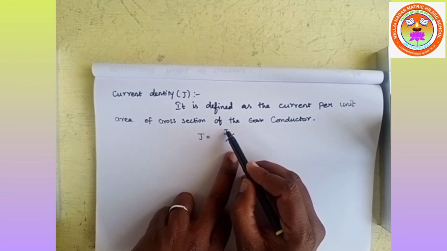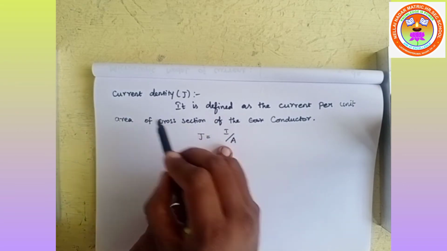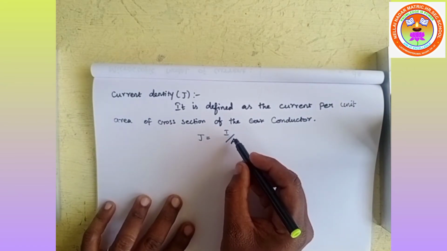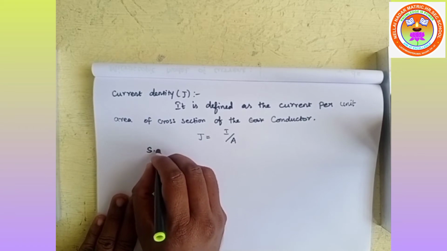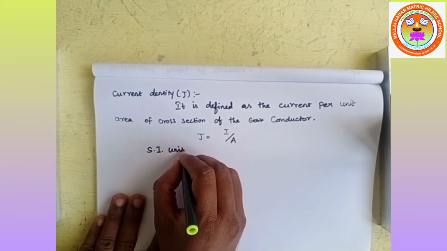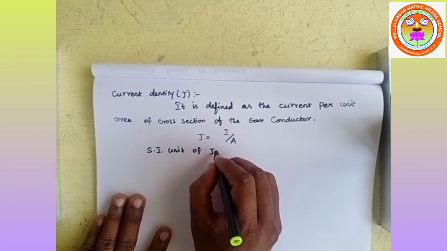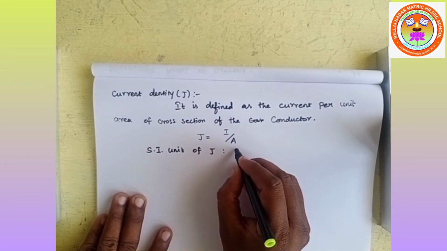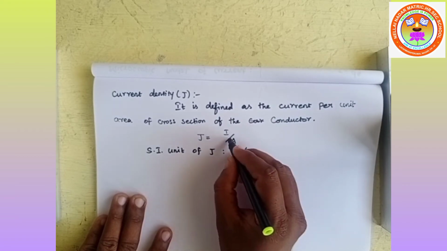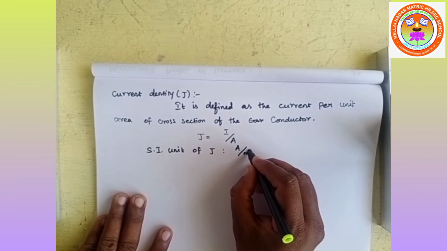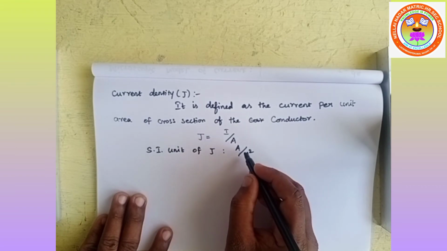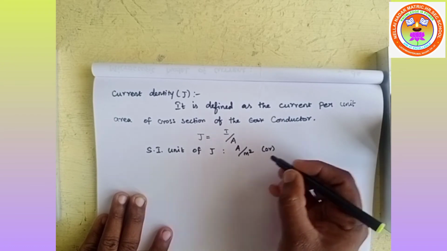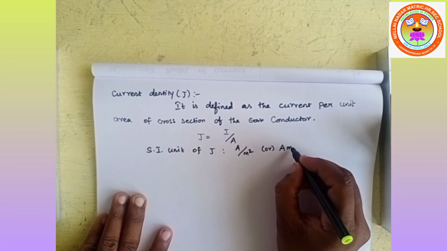The current per unit area of cross section is called current density, that is J. So J is equal to I divided by A. Now the SI unit of current density: already you know the unit for current is ampere, and the unit for area is meter square. So ampere per meter square is the unit for current density. Otherwise it is also written as ampere meter inverse square.